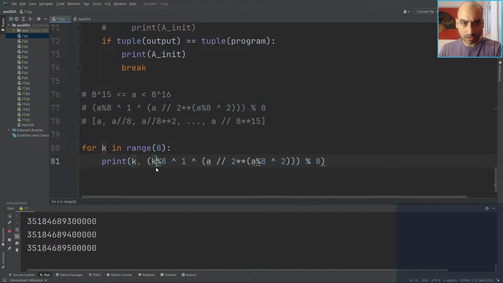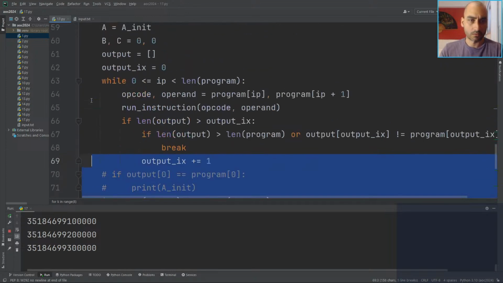So it's going to be K percent... Well, K percent 8 is irrelevant. K, 2 to the power of K percent 8. Let's just try that, I don't know.